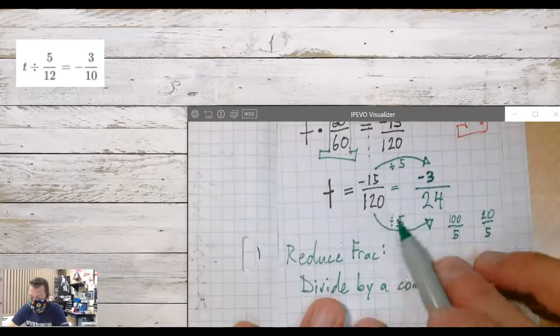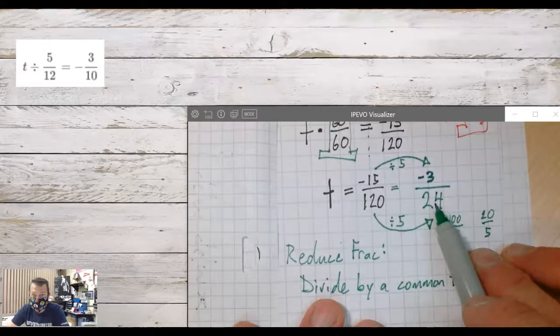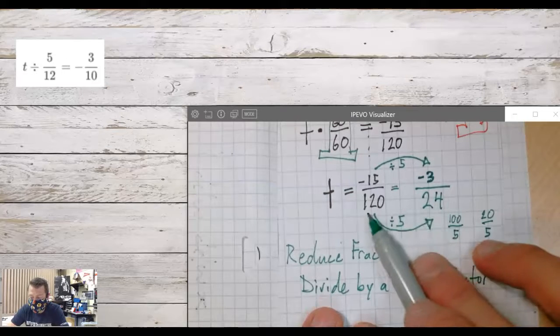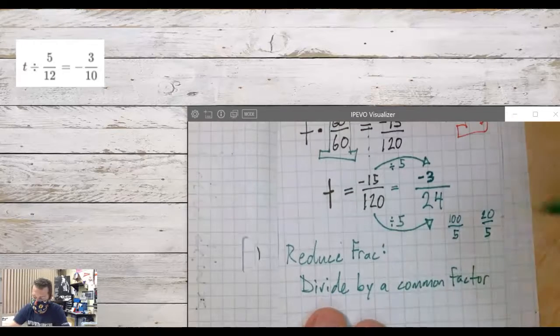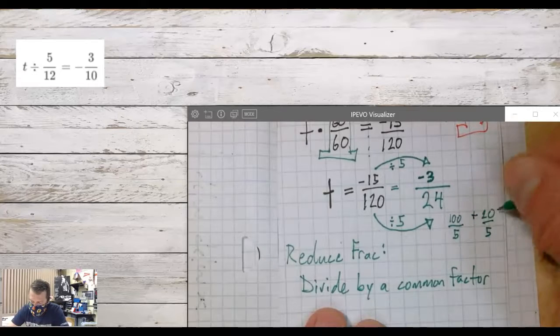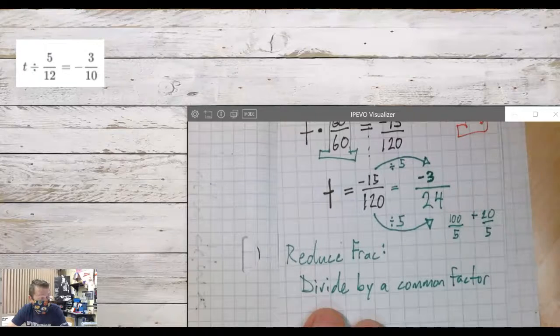Now, if I just did this division, I'd get 24, but I'm not that good at mental math. So 120 divided by 5, I split it up into 100 plus 20, and I divided both of those pieces by 5. We can still reduce, though.